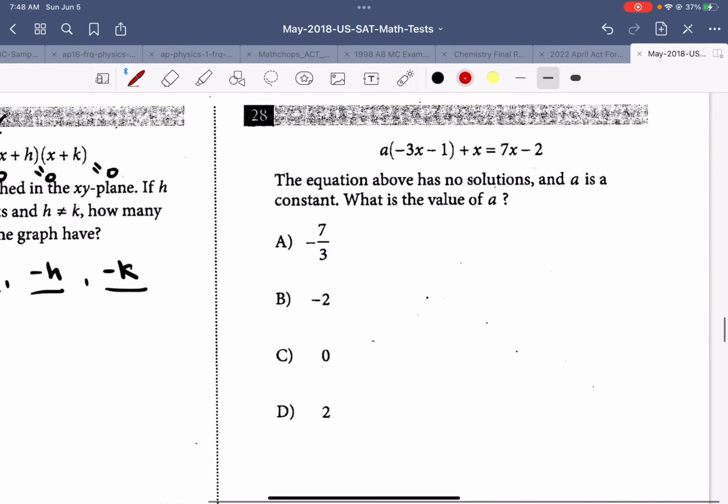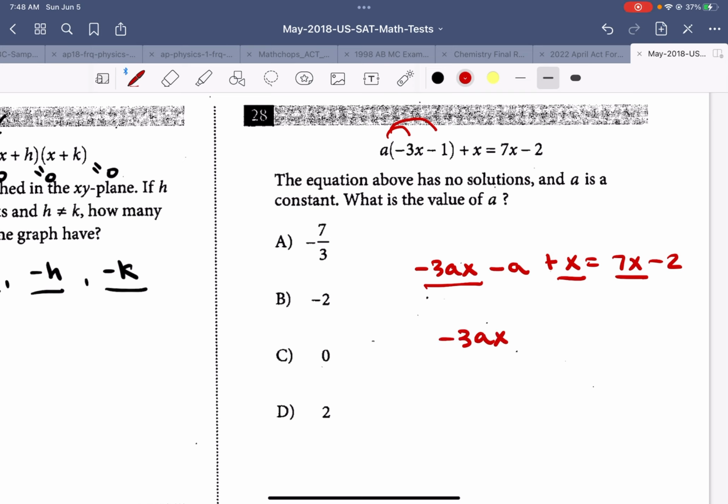28. The equation has no solution. What is the value of a? No solution. So let's solve for x. So distribute. Collect like terms. Negative 3ax minus 6x.